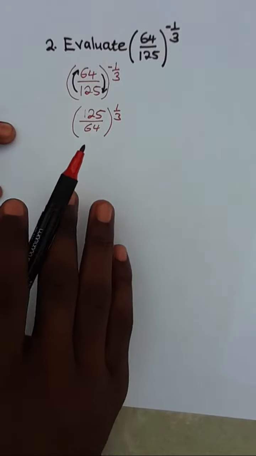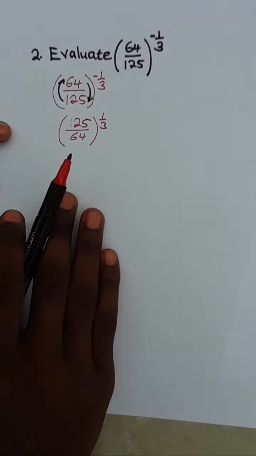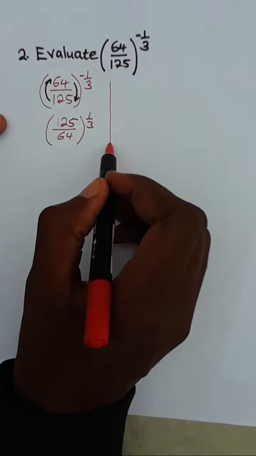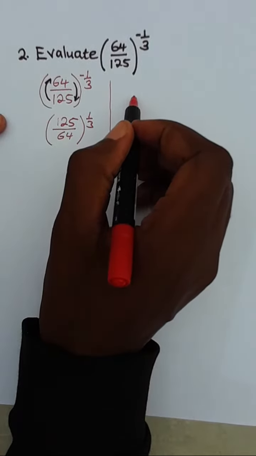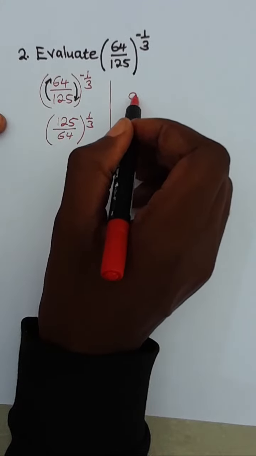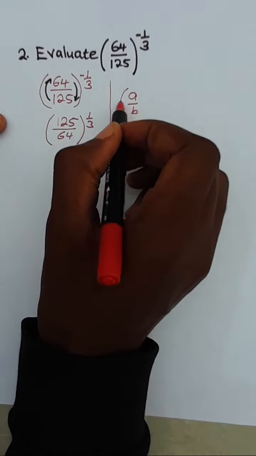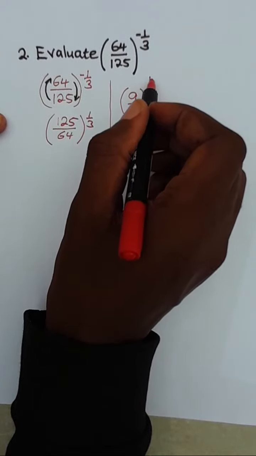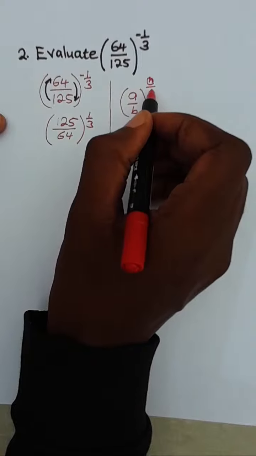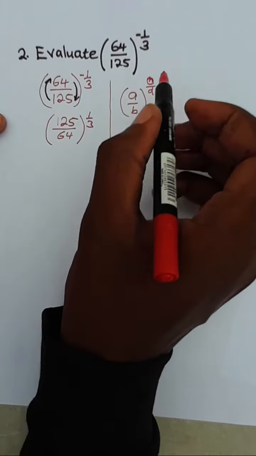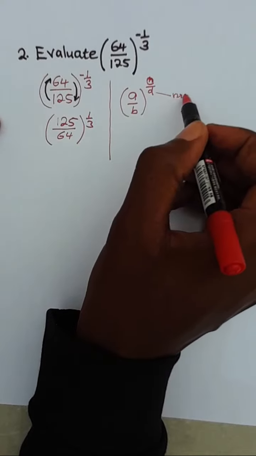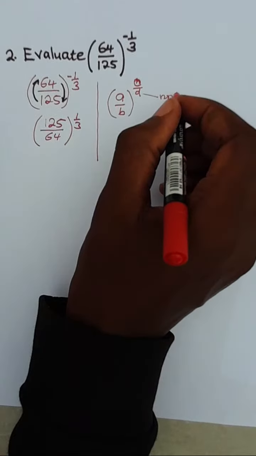Next, if you have the number, let's say a over b, that has been raised to a fraction power, let's say c over d, it is important that you know that this denominator of the power is indicating the root.